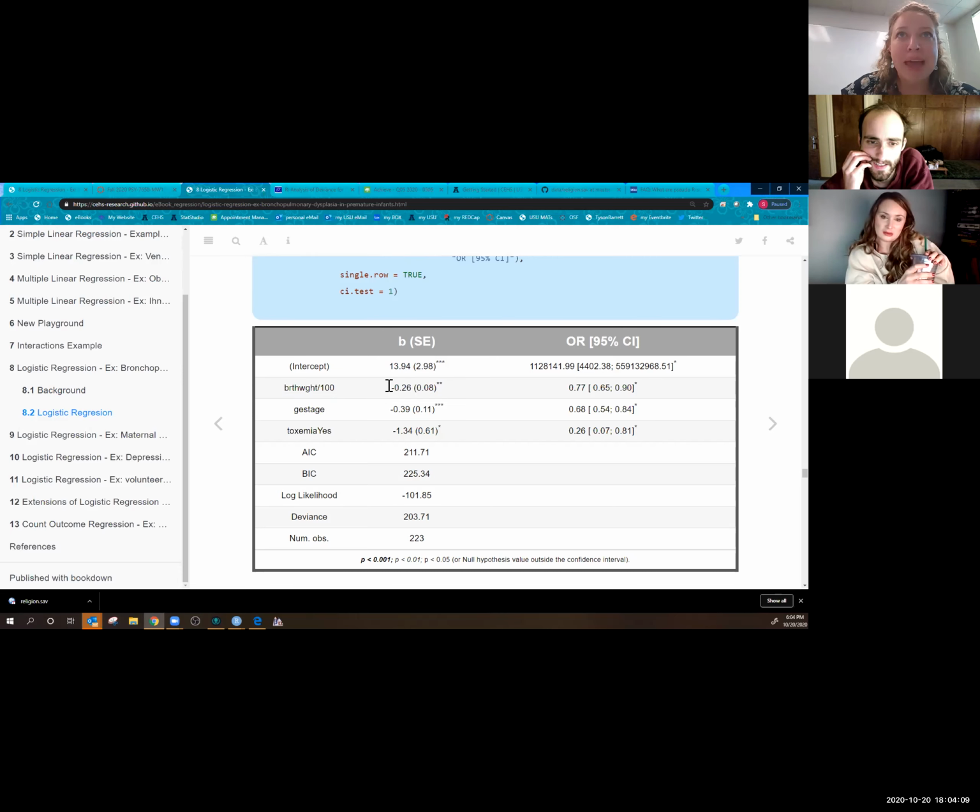Okay, so if the beta is negative in the logit scale, the odds ratio will be less than 1. So we're used to seeing if things are positive or negative on either side of 0. But when we're talking about odds ratios, they are a fraction. And if we have 50-50 odds, the top and bottom are equal, and it divides to equal 1.